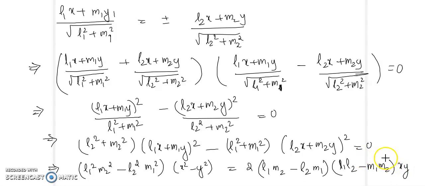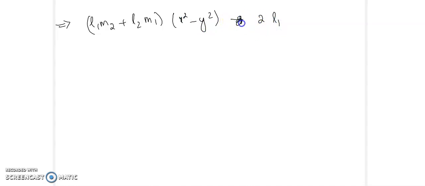And now here L1 M2 minus L2 M1 will cancel off. So what remains is L1 M2 plus L2 M1 into x square minus y square equal to 2 L1 L2 minus M1 M2 xy.